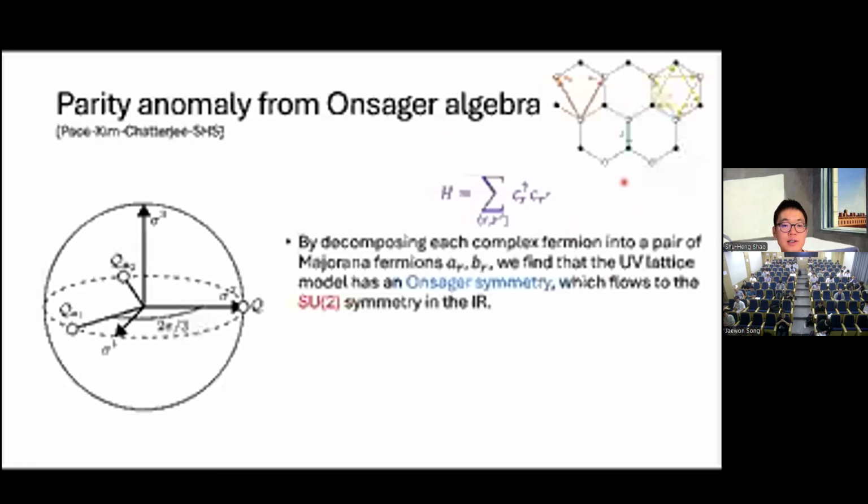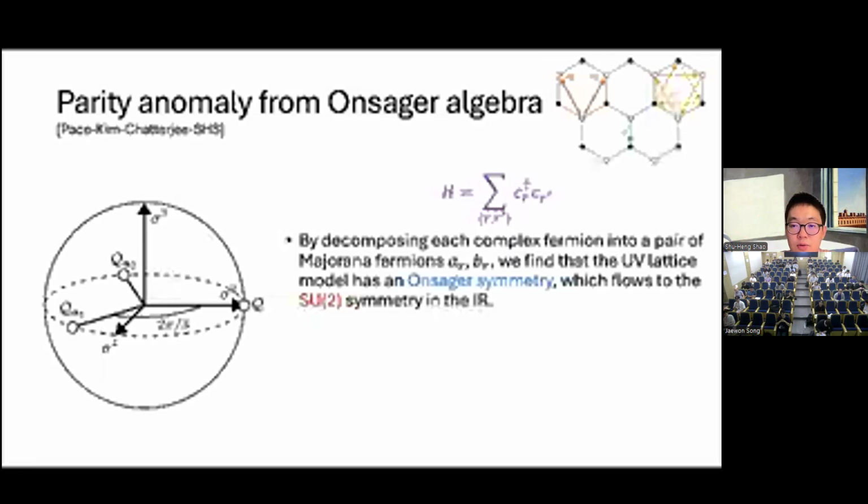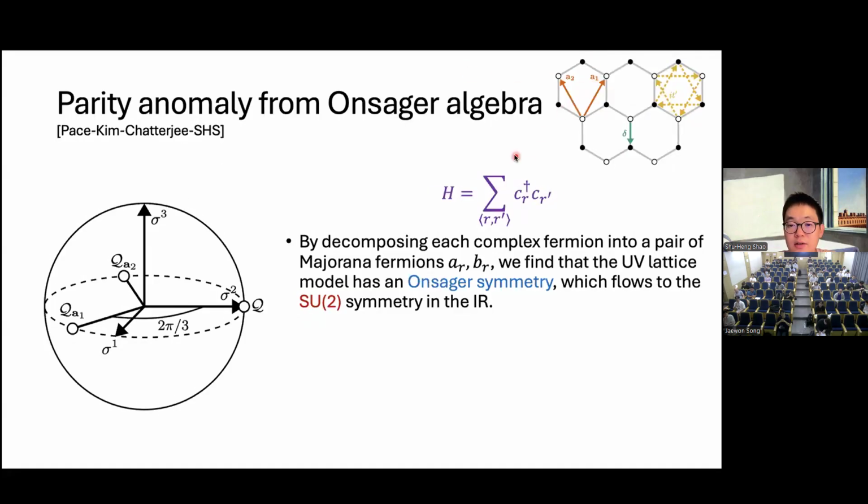There's one slight difference. In 1+1D, you just have one direction for the lattice translation. Now on the honeycomb lattice, you have two directions. You can translate in the A1 direction, or you can also translate in the A2 direction. These are these two orange arrows on the lattice.